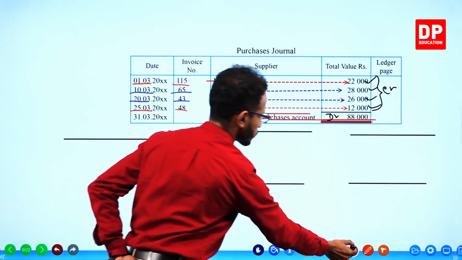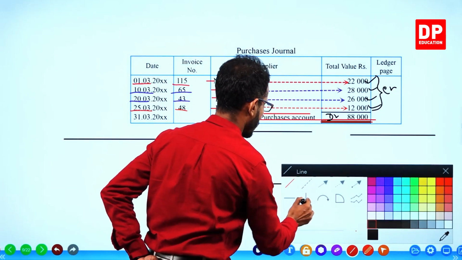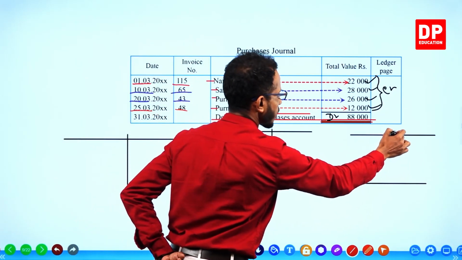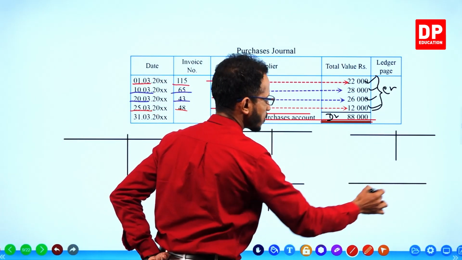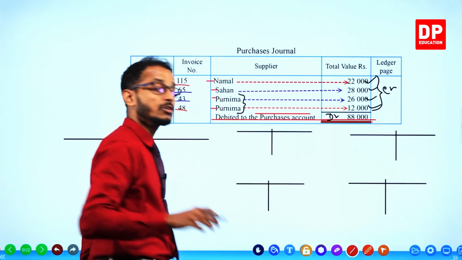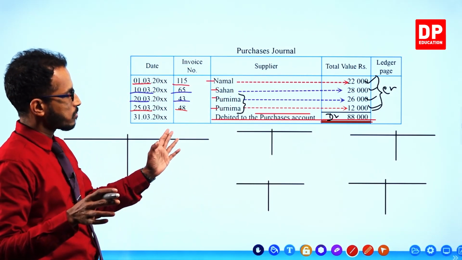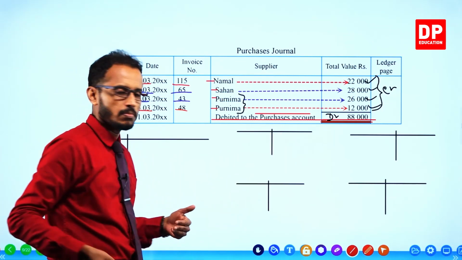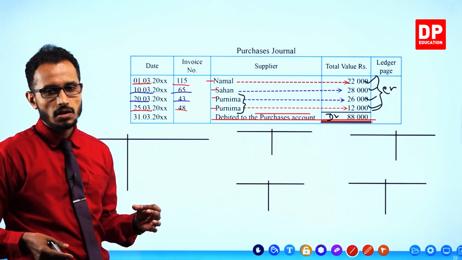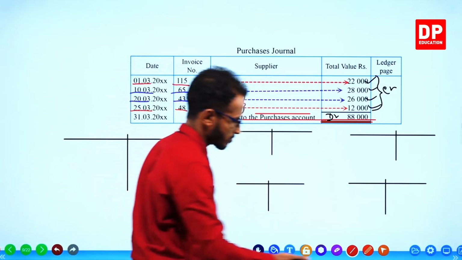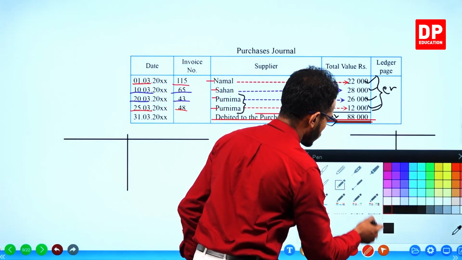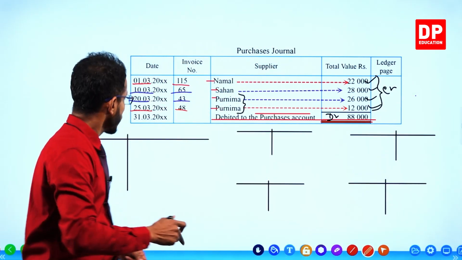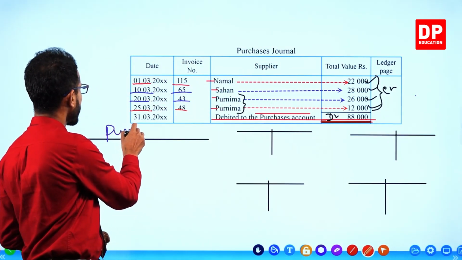I'm just drawing T formats, children. I can't use the time to draw full formats just to show you some accounts. Drawing full formats is unnecessary, so I'll just draw T formats. This is the purchases account.